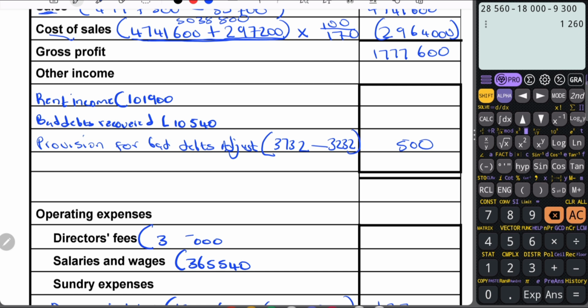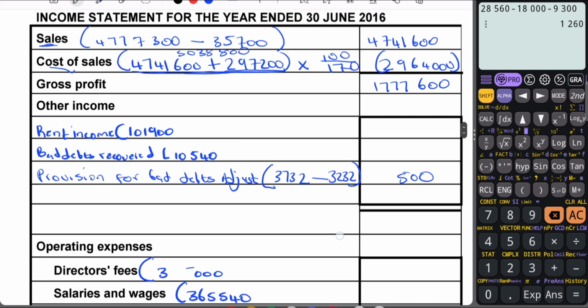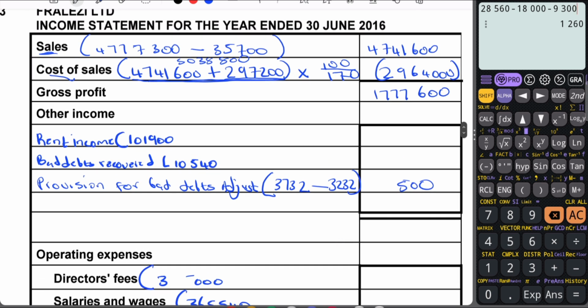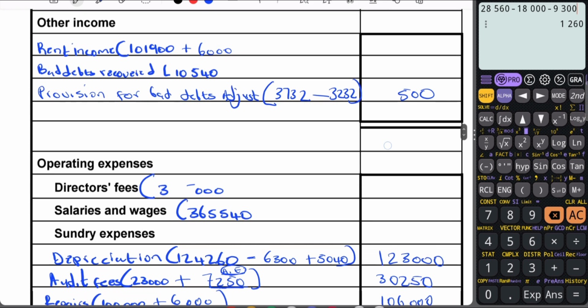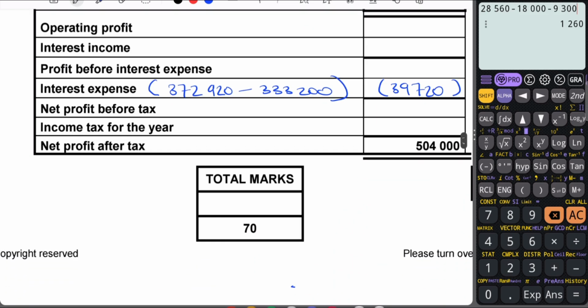All right, the first thing that we must do here under rent income, we need to add back the 6,000. Why do we need to add back the 6,000? Because remember, this tenant paid it for the business as maintenance. Maybe if I make an example, let me just say you are paying rent every month. For example, you are paying 50 rand rent.